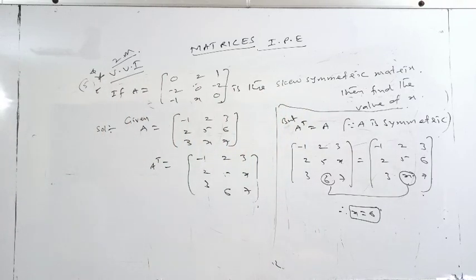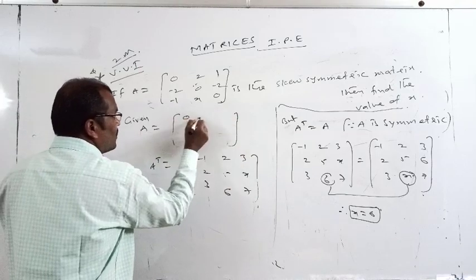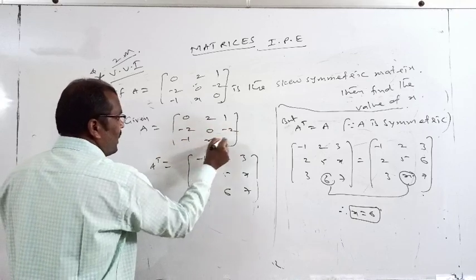You can do the next sum now. So just decide the nature of A, whether it is symmetric or skew symmetric, by doing A transpose equal to A and A transpose equal to minus A. Now what is A here? A is [0, 2, 1; -2, 0, -2; -1, x, 0].